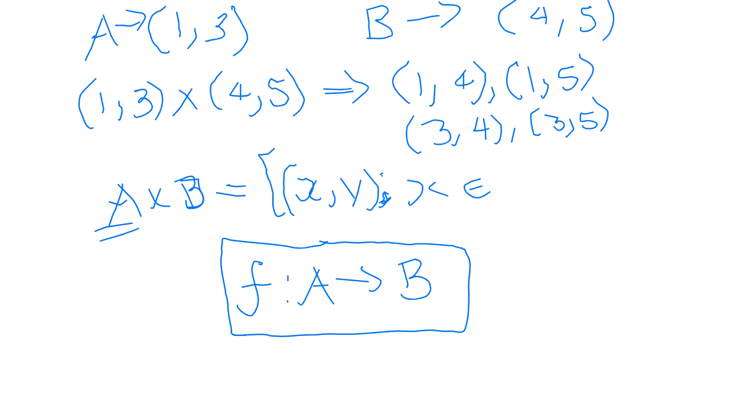Whenever you hear me reading that thing in the box, I'm going to read it: the function f mapping A to B. So if I say the function x mapping P to Y, it would look like this. Function x mapping P to Y. That's an arrow. It's going to look like that. All right.